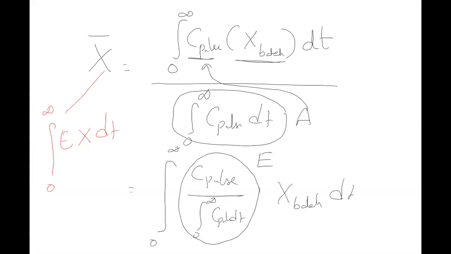This is how you calculate x bar directly from the E curve for non-ideal reactors. But if I calculate conversion directly from the E curve, are you generating a model here? No, you are not generating the model. The negative point of this kind of analysis is that you are not generating any model.